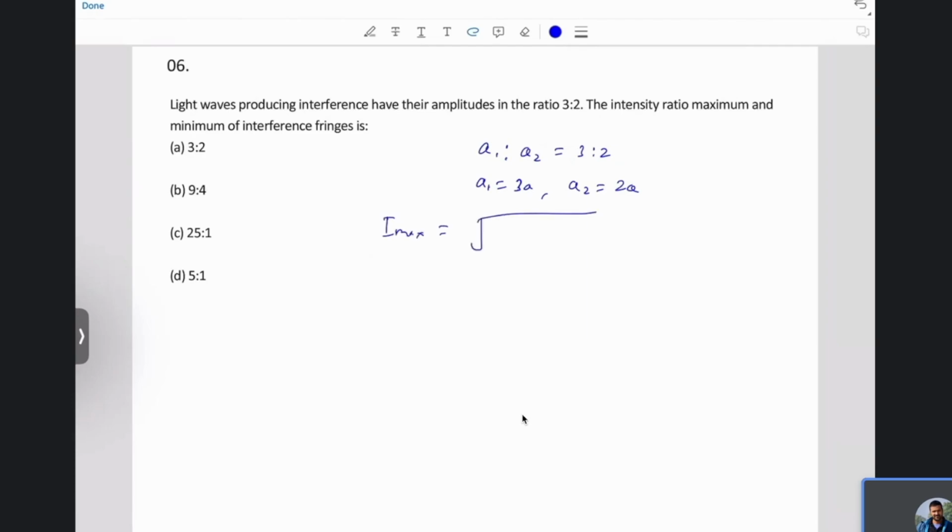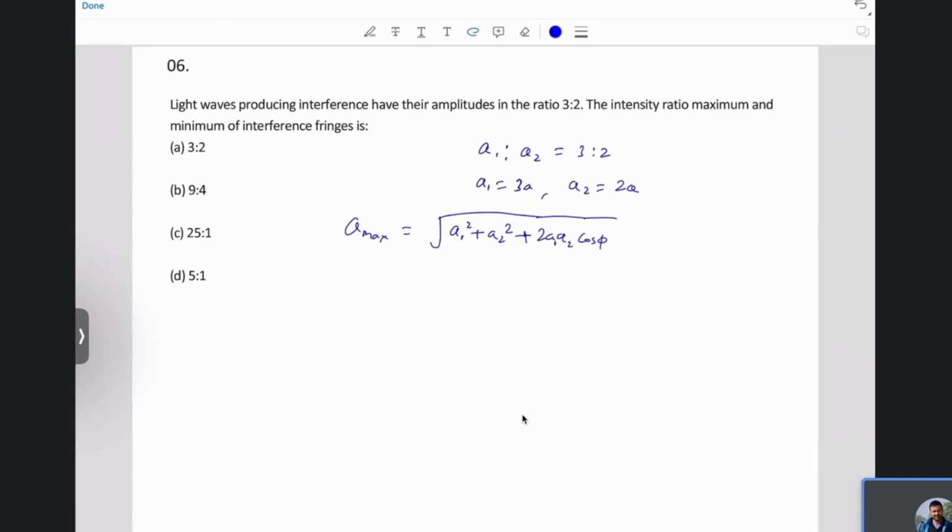So Imax will be simply, let me first calculate the A max and A minimum, then we can calculate it. So the maximum amplitude will be just A1 square plus A2 square plus 2A1 A2 cos phi.